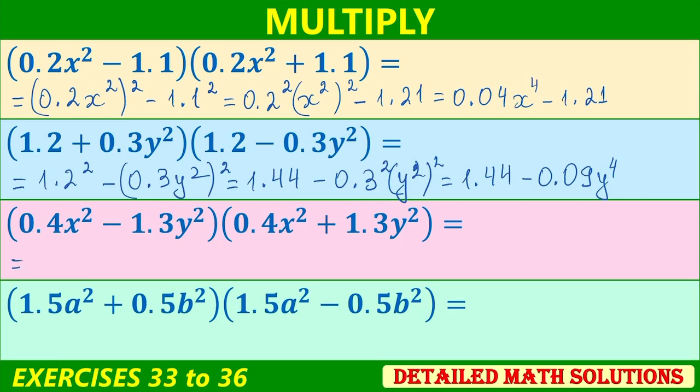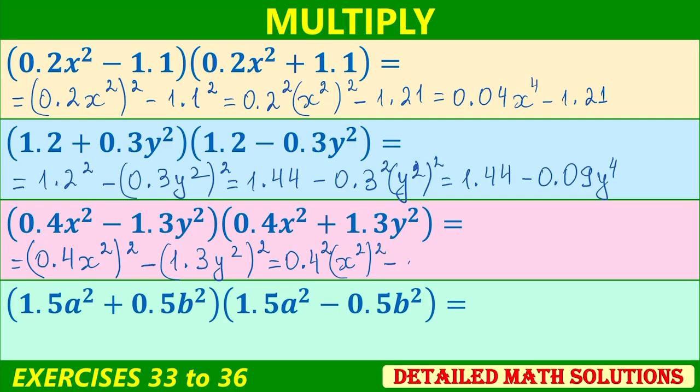When I use the formula, this equals (0.4x squared) squared minus (1.3y squared) squared, which equals (0.4 squared x squared) squared minus (1.3 squared y squared) squared. When I simplify further, this equals 0.16 x to the fourth power minus 1.69 y to the fourth power.